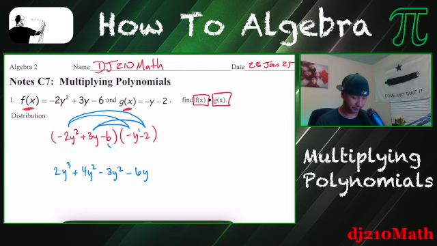And then the last term, negative times negative is a positive 6y. And then the last. So this is positive 12. So again, can't emphasize enough that each individual term in one has to hit everything in the other. So you draw the arrows to help with that.